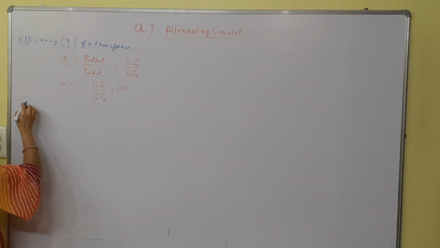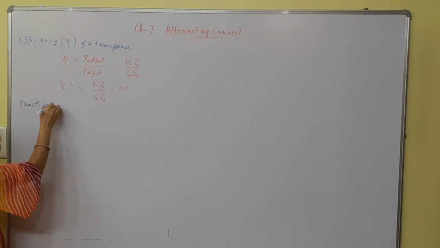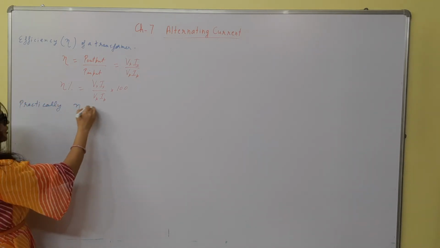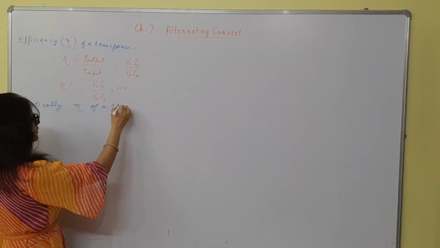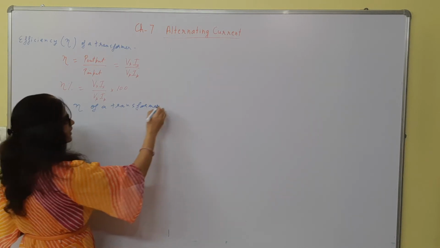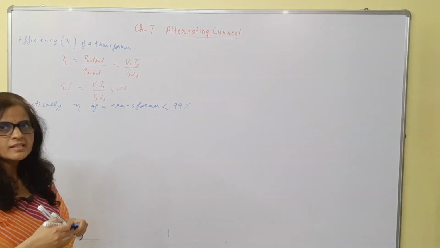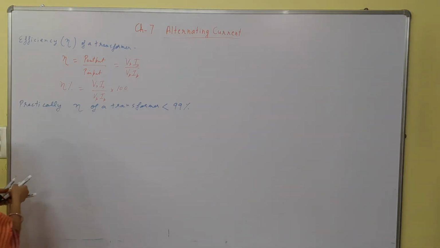So practically efficiency of a transformer is less than 99% due to some losses in the transformer. So sources of losses in a transformer we'll discuss here.